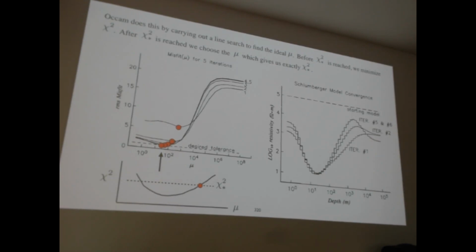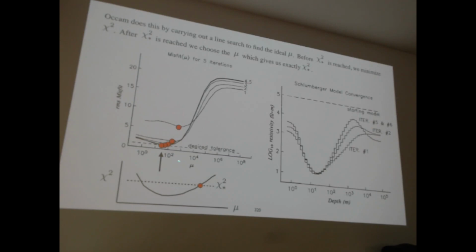So Occam is a two-step process. You start with a model, and I usually start with a model that's got no structure to it at all, and I'll explain why in a moment. And then you do an iteration and you search over this misfit trade-off parameter, the Lagrange multiplier, and you find the one that gives you the minimum misfit solution.